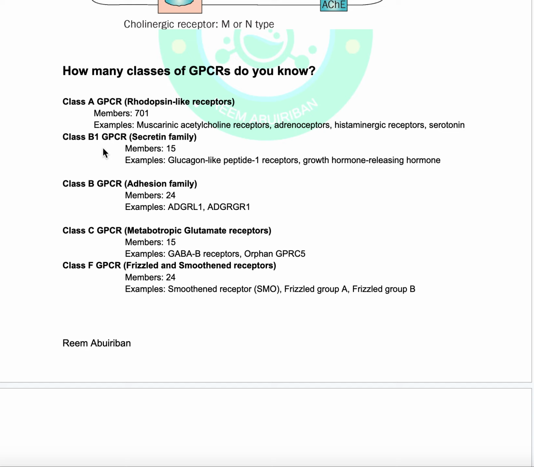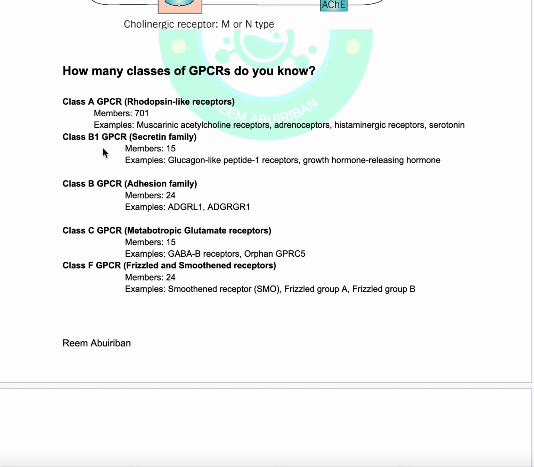Examples are glucagon like peptide 1 receptor and growth hormone releasing hormone receptor. The number is 15.